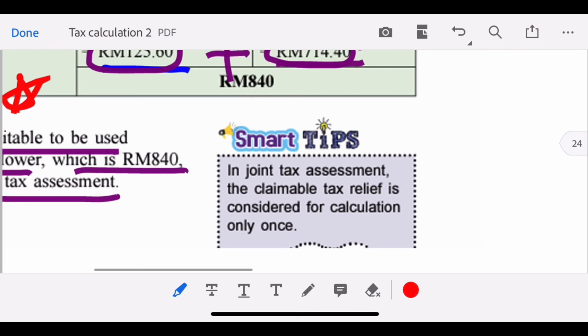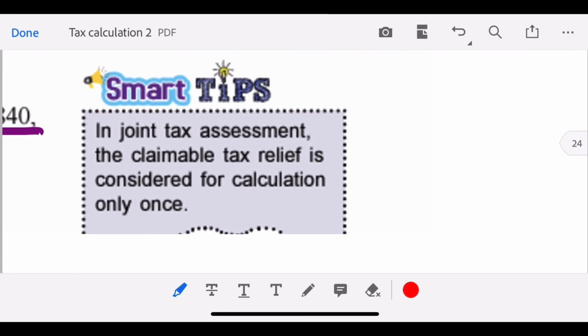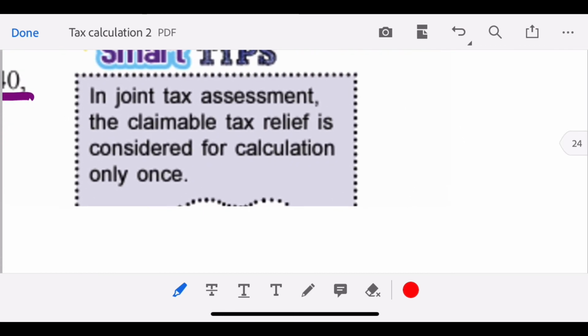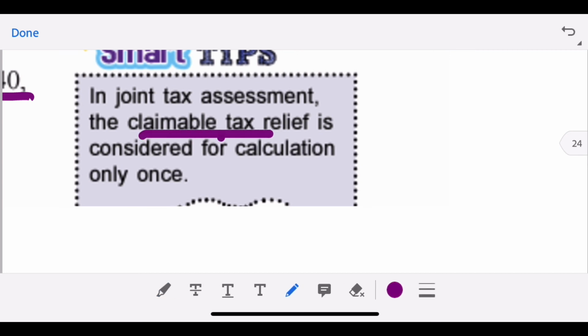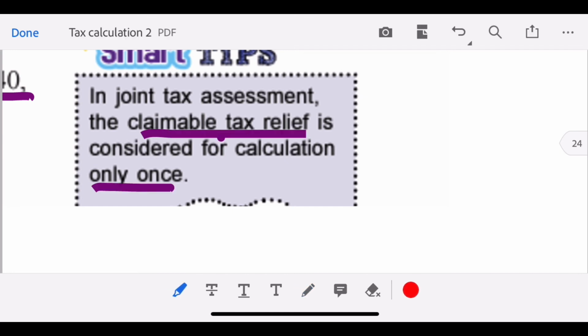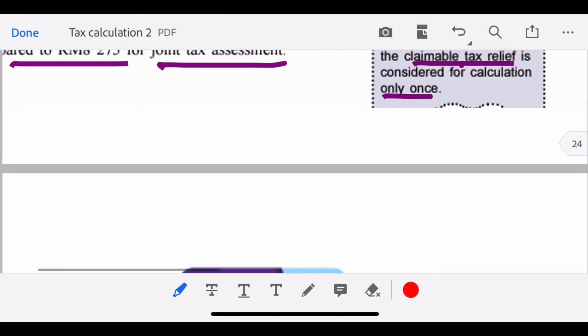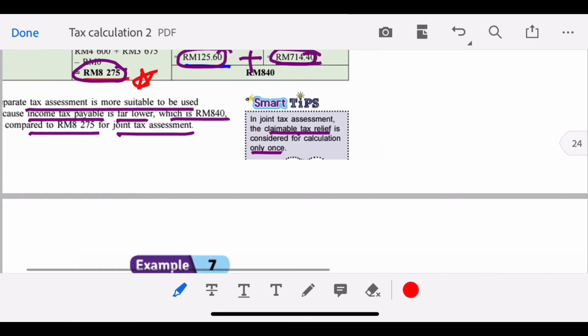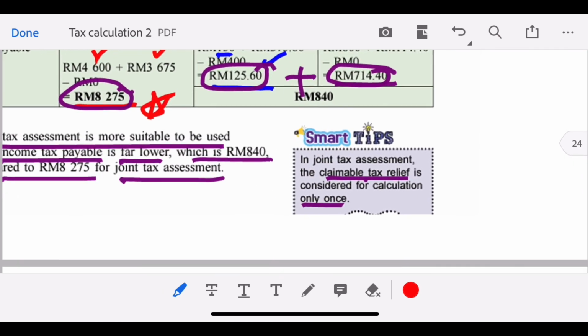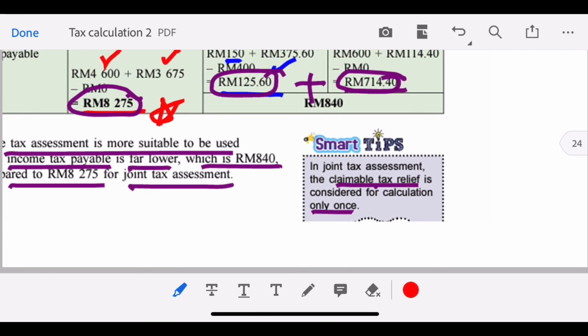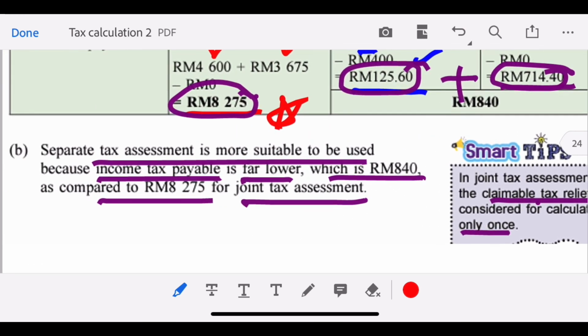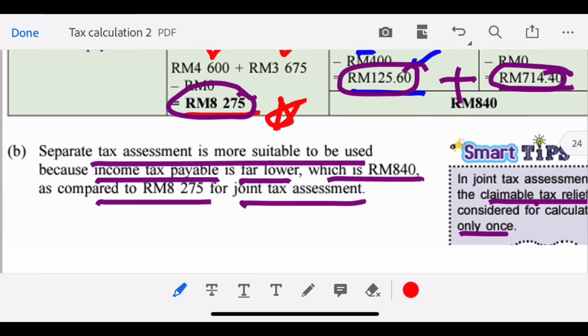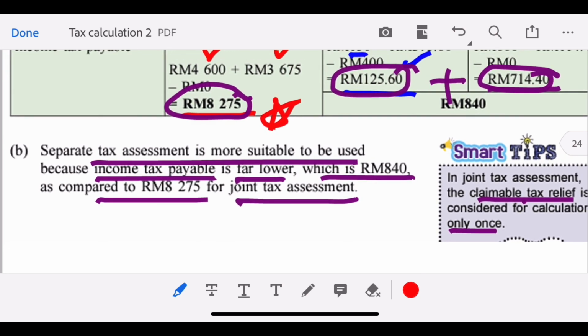So in joint tax assessment, the claimable tax relief is considered for calculation only once. Okay, the claimable tax relief is considered for calculation only once. So that means the joint tax assessment is actually not suitable if you really know how to do calculation.